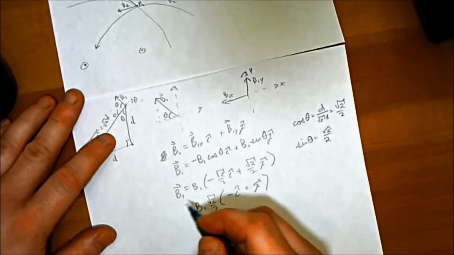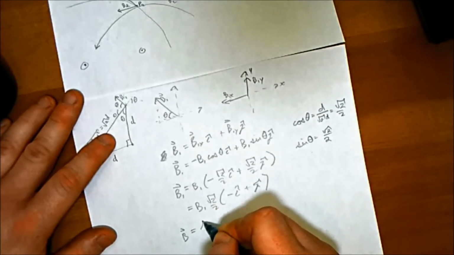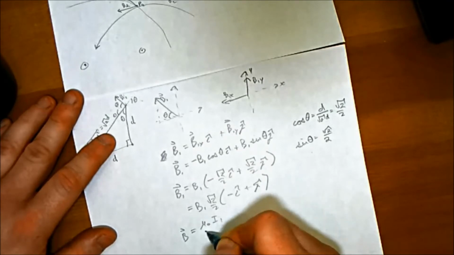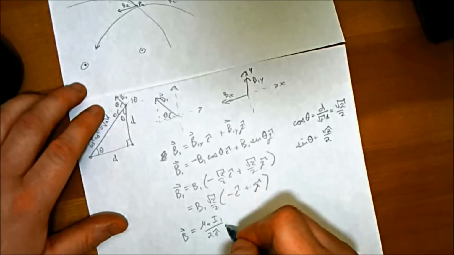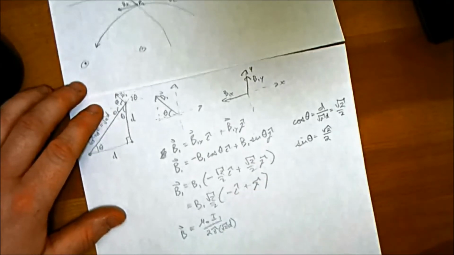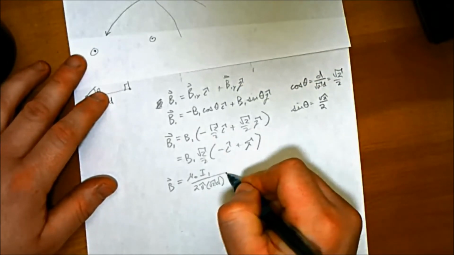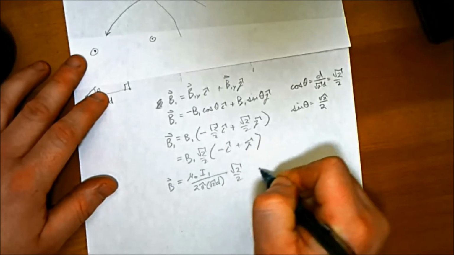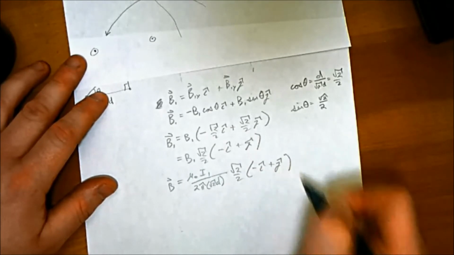So then the magnitude of B1 is mu naught I1 over 2 pi times the distance away, which is root 2 d. And then, of course, we have to include our square root of 2 over 2 and negative i hat plus j hat.